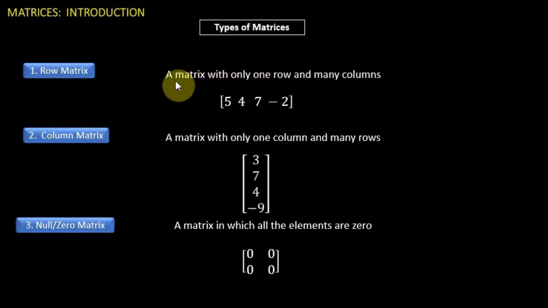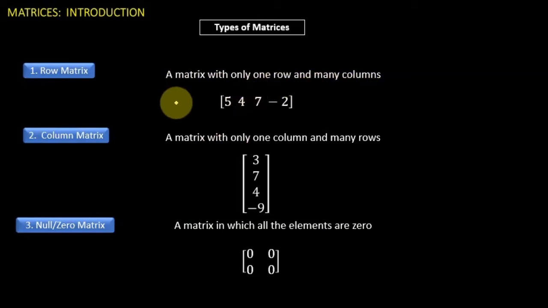So next topic, we'll see the different types of matrices we have. Here I will be explaining different types of matrices. What is the first type of matrix here? The first type is row matrix. Row matrix means in which only one row and many columns.